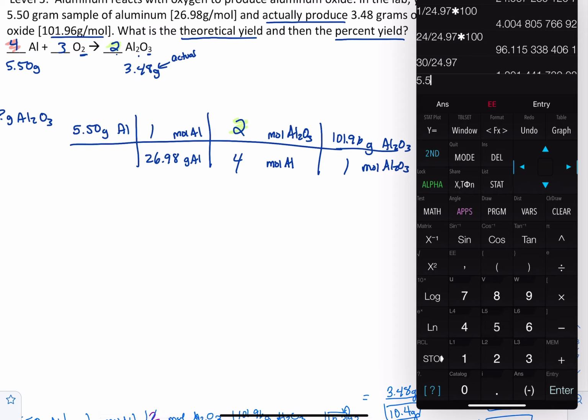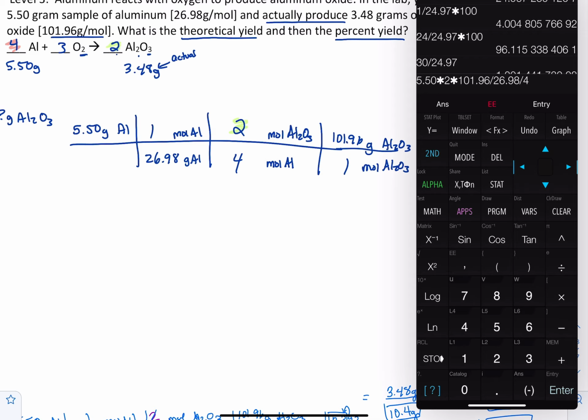So 5.50 times 2 times 101.96 divided by 26.98 divided by 4 gives me, oops, trying to get back in and delete stuff with these calculators. 101.96, divided by.